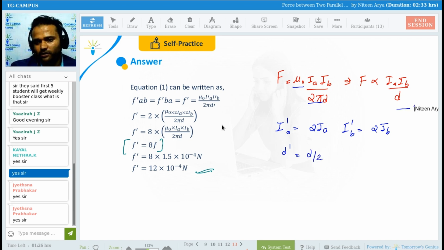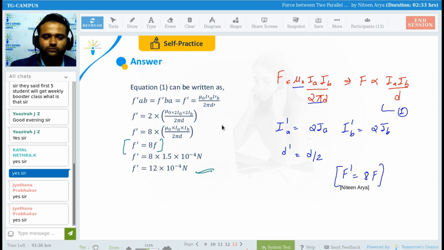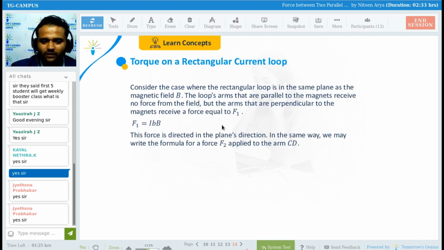Put into this formula and you get F prime is nothing but 2 into 2 into 2 times F, and then put in the values. Is this clear, everyone? Clear? You don't need to put values every time. As simple as that. I don't know how many times I need to discuss this.